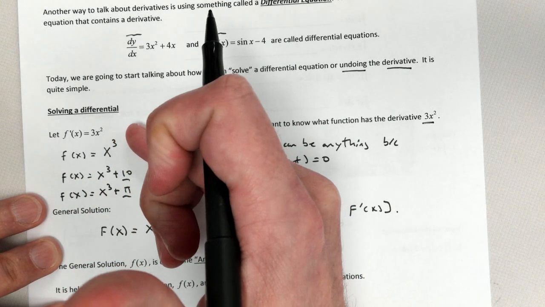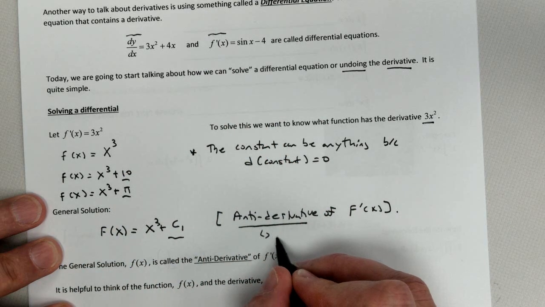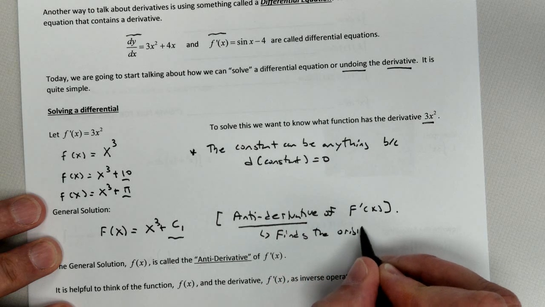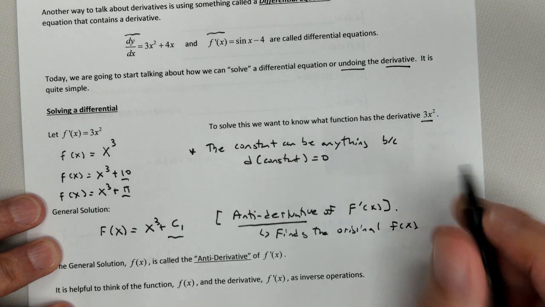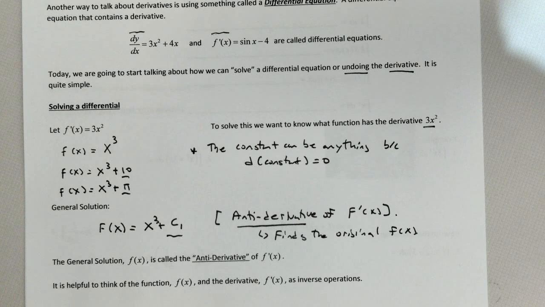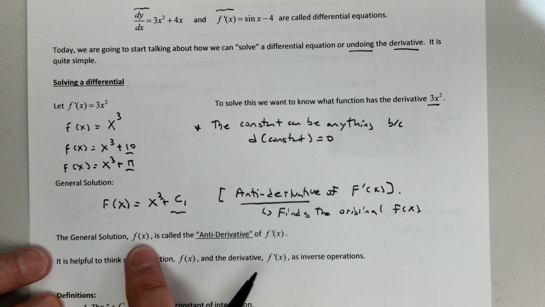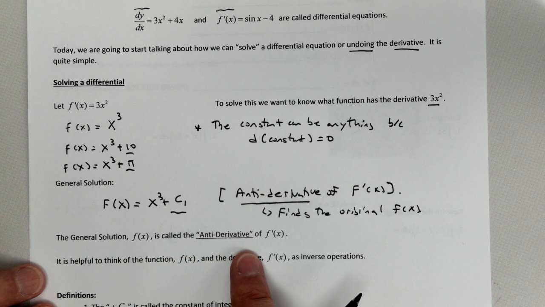Given the derivative, we undid the derivative by finding the original function. So what this does is find what the original function was. If I'm given velocity, this is kind of giving us our position curve. And that's what this says down here. The general solution of f prime of x is what we call the antiderivative.